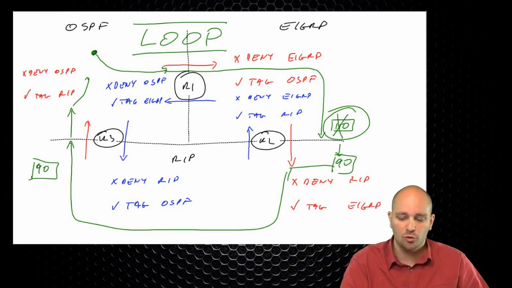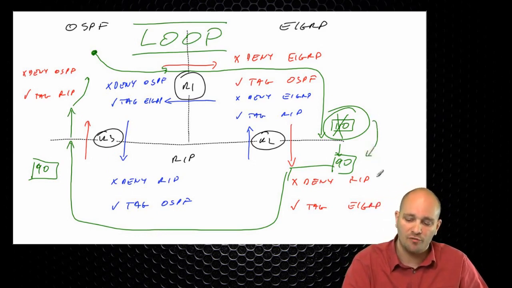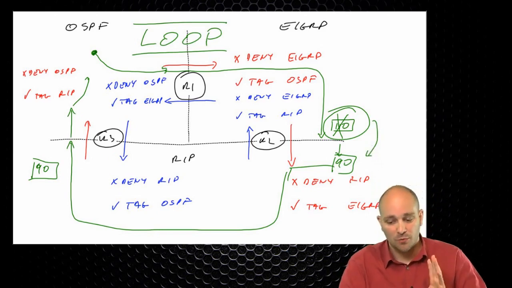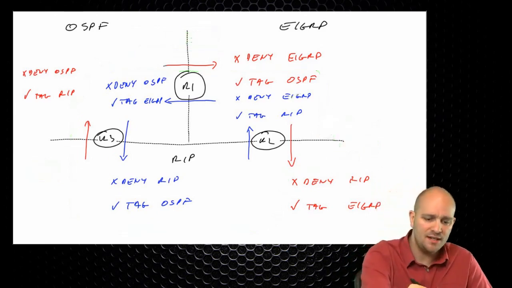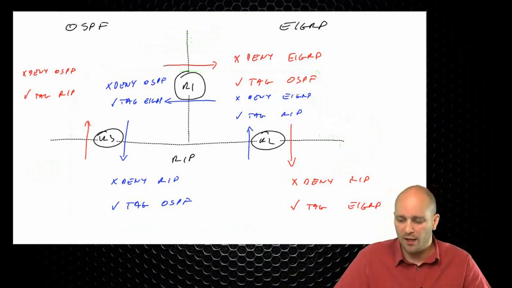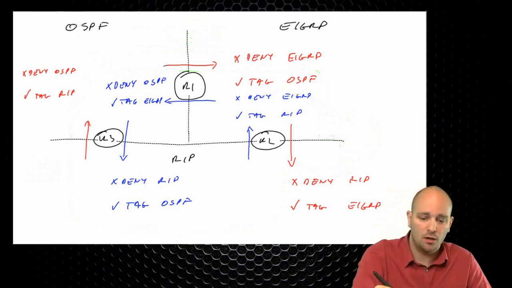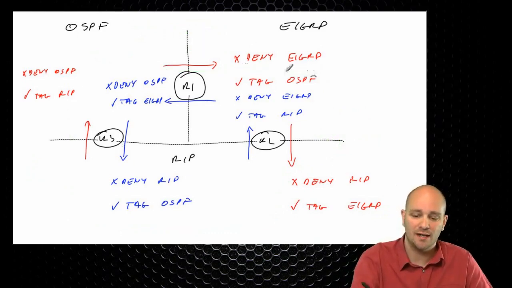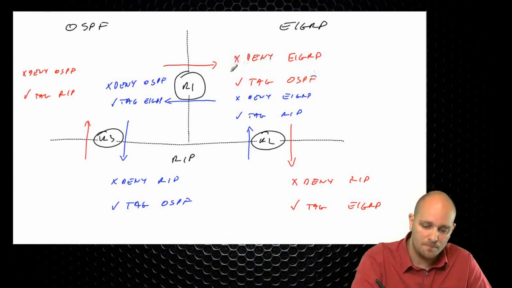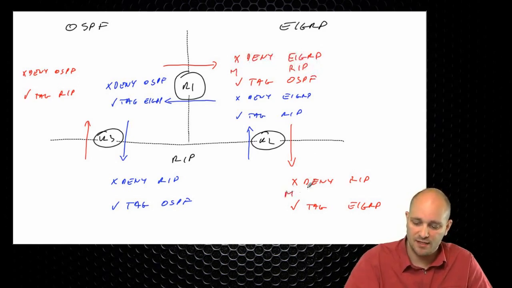So what we need to do is somehow preserve this tag here. So to do that, we need to have one more entry in our logic here. Now, that one additional entry in the logic is going to be sitting here in the middle. And this is going to be the match RIP in this case. In this case here, it is going to be match OSPF.